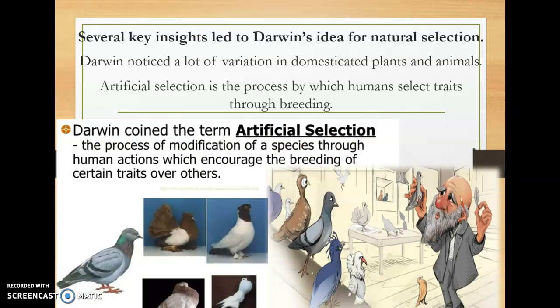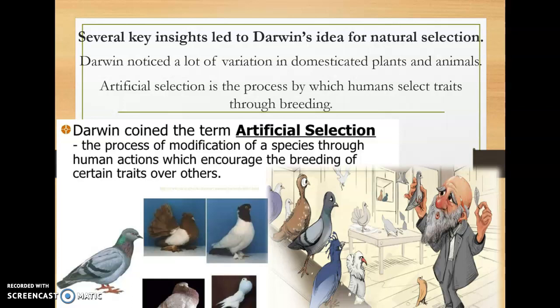Now, when we're talking about Charles Darwin, we are going to talk about natural selection or survival of the fittest. And a lot of people already know that he studied different types of plants and animals in the Galapagos Islands. And a lot of people know that he worked with finches and tortoises, but he also worked with pigeons. So one of the things that he termed is a phrase called artificial selection.